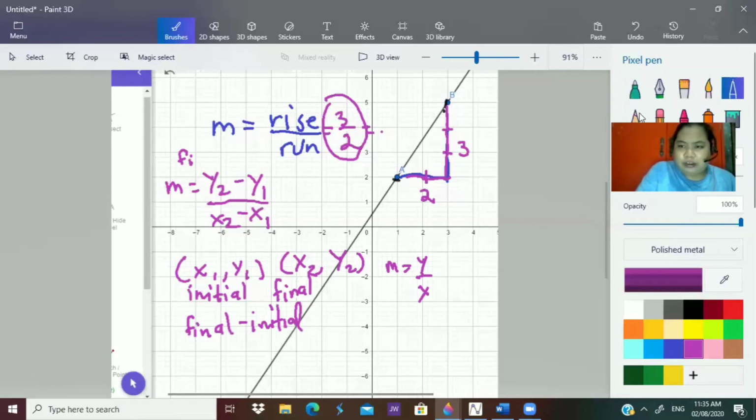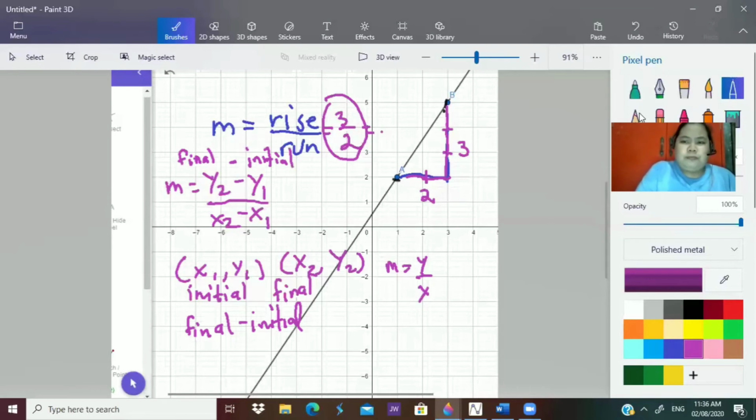Final minus initial, so huling location minus unang location. Dahil dalawa yan, isang final, isang initial. Ito ngayon yung final natin, y sub 2, x sub 2. Ito yung initial natin, y sub 1, x sub 1. So, final minus initial. Ganun ang paliwanag.